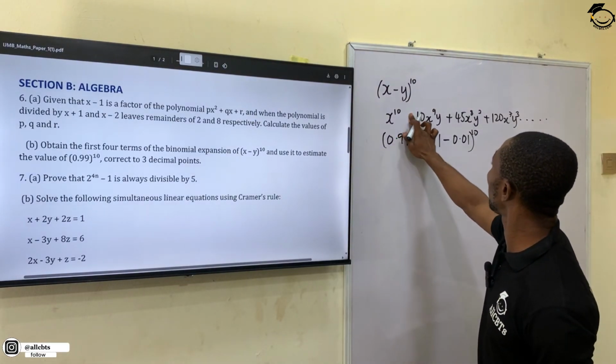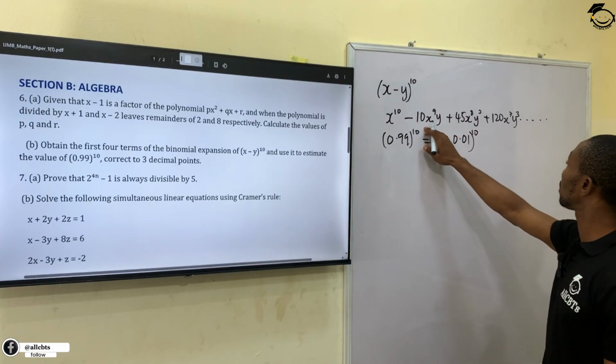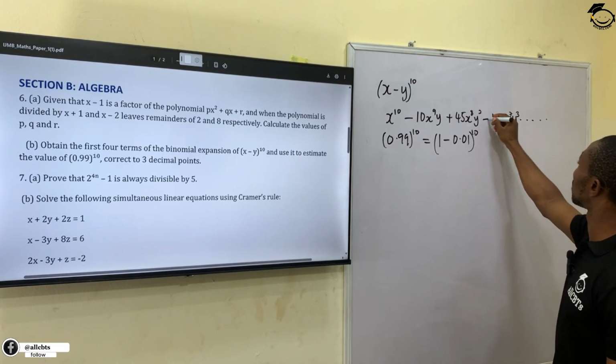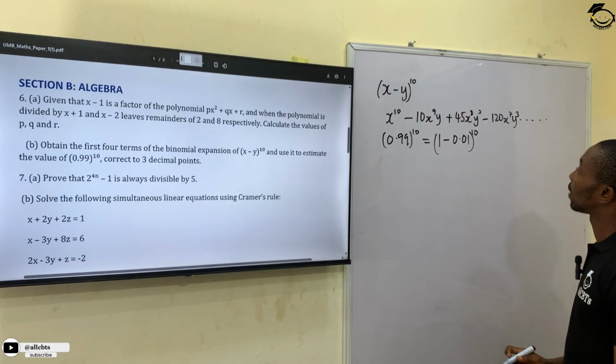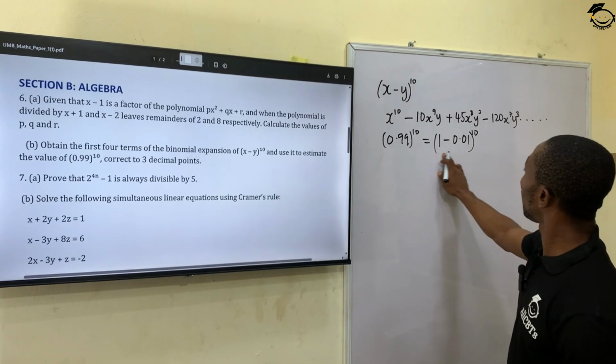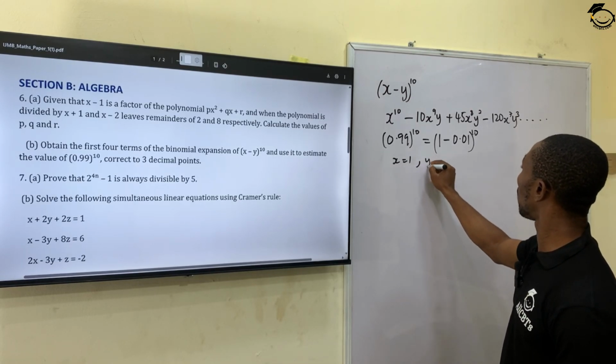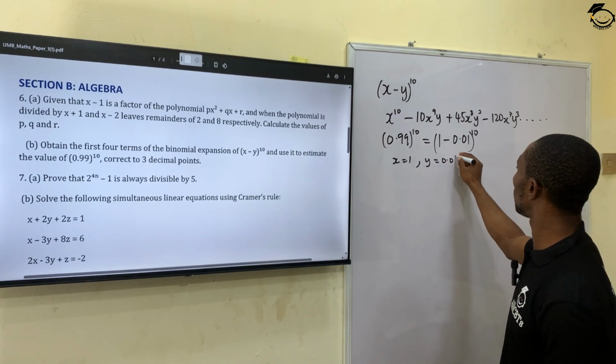Sorry, this would be a minus x raised to power 10, and this also a minus. So let's be careful with our signs.